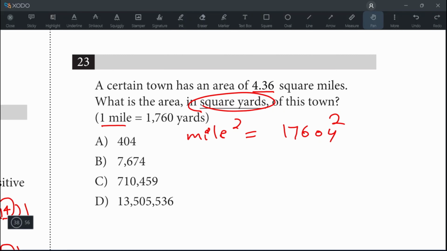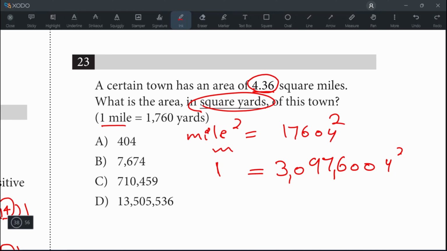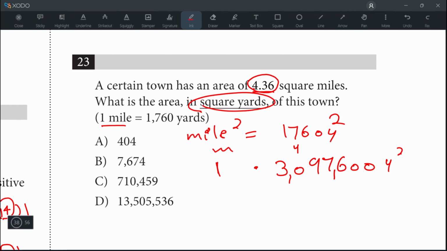So 1760 to the power of 2 is a big number, just let me write it down. It is equal to about 3 million square yards. And we know that the town has an area of 4.36 square miles, right? So that's only 1 mile, that's miles, and that's yards, and that's only 1 mile.